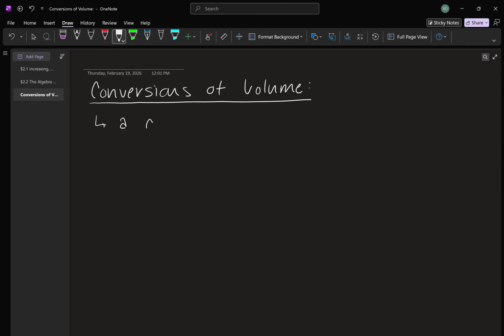So a cubic unit needs to be cubed in dimensional analysis.